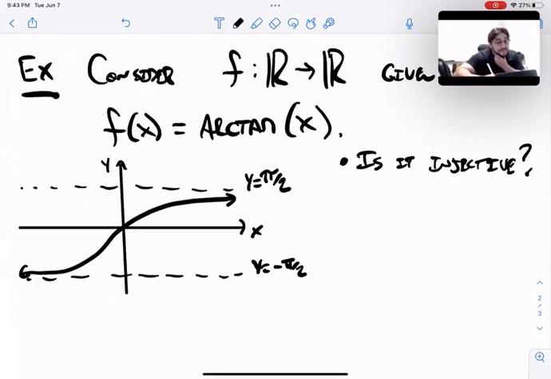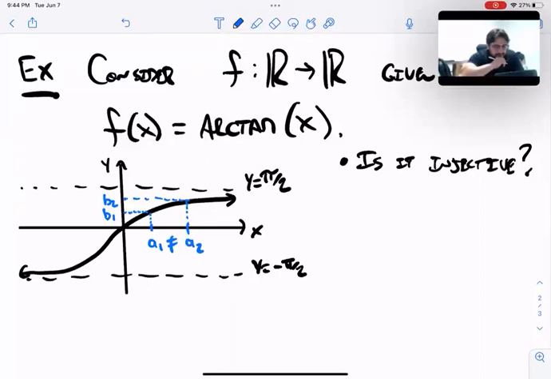So how would I answer if it's injective? Well, if I pick two different inputs, say A1 and A2, where A1 is not equal to A2, do they always get mapped to distinct outputs? Is B1 necessarily distinct from B2, where B1 is arctan of A1 and B2 is arctan of A2?